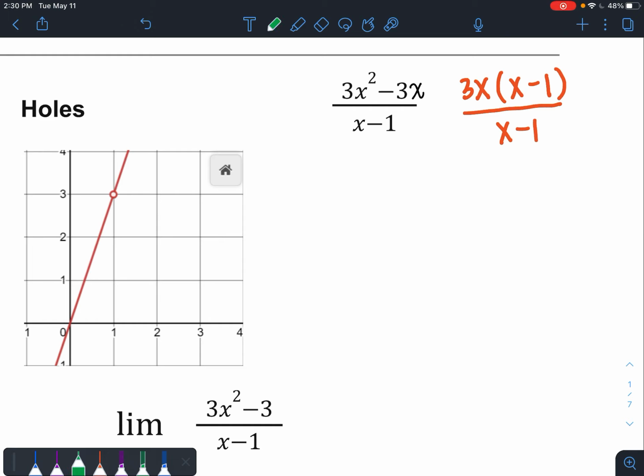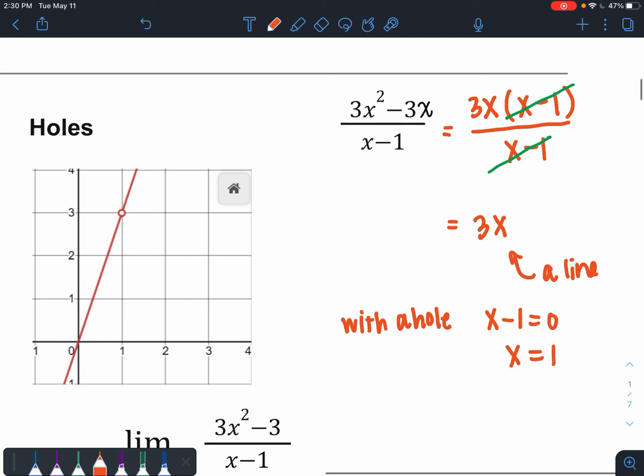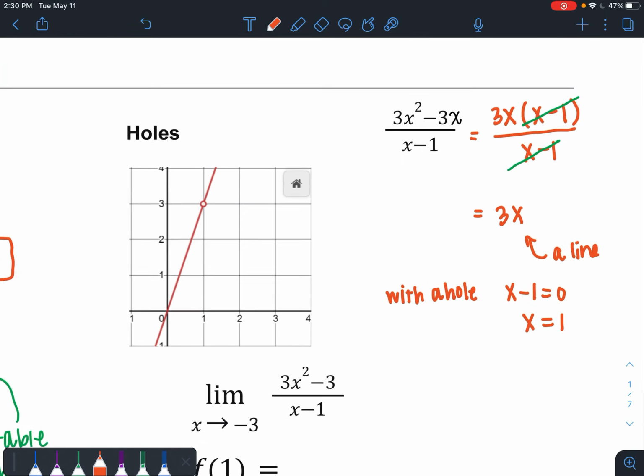These x minus 1's cancel, and I'm left with just 3x, which is a line, but with a hole, because it canceled out in the numerator and denominator, where x minus 1 is equal to 0. So x equals 1 gives us a hole.